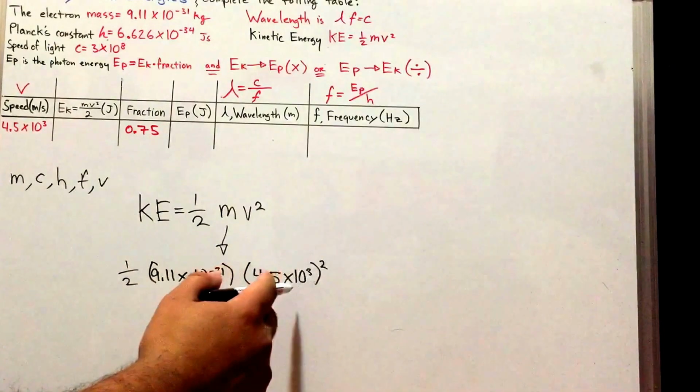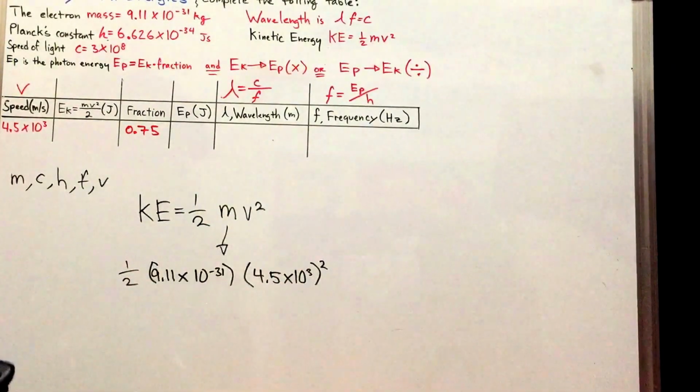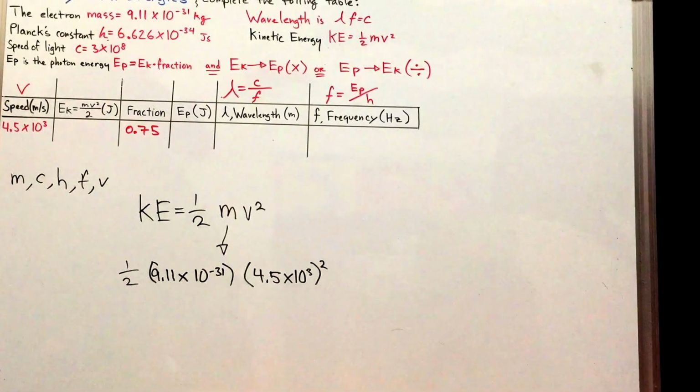First we're going to solve for the square. 4.5 EE to the third power equals 4,500 squared, times 9.11 EE negative 31, times 0.5.